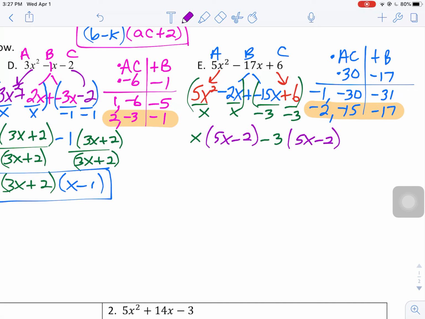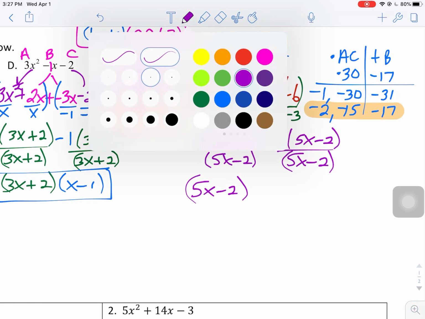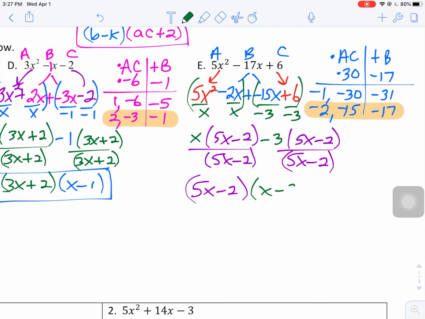If I had divided out a positive 3, the leftovers in the back would almost match, but all the signs would be opposite of what we would need them to be. So then 5x minus 2 matches. I'm going to factor that out in the front, and then my leftovers are in green in the back, x minus 3.